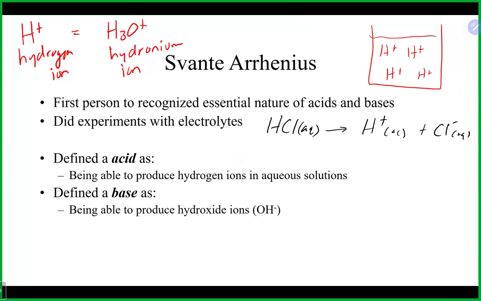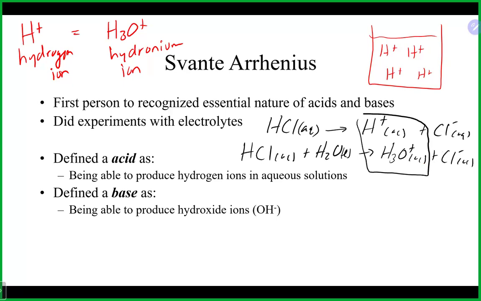That's perfectly acceptable and very commonly done. A lot of times nowadays, books will show water in the equation, since you're dissolving it in water, and include water on the reactant side. When they do so, they form H3O plus and Cl minus. These 2 forms are basically equivalent to each other.